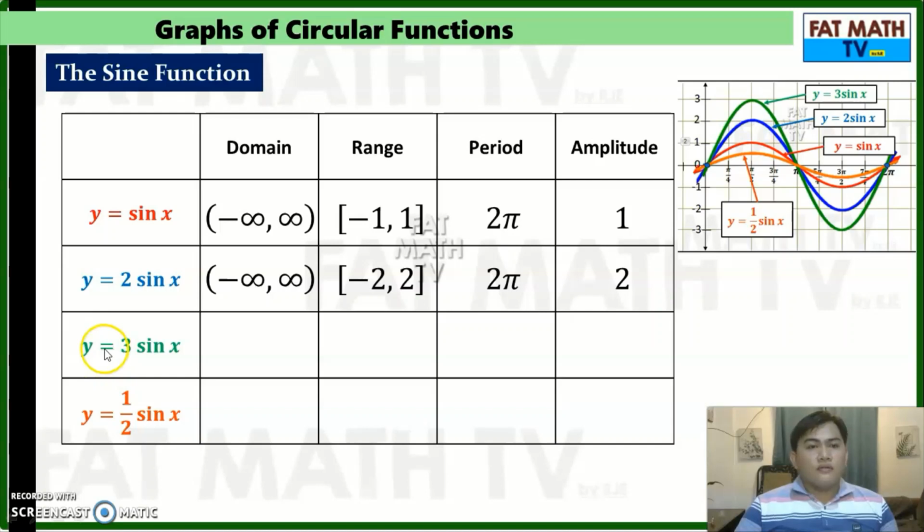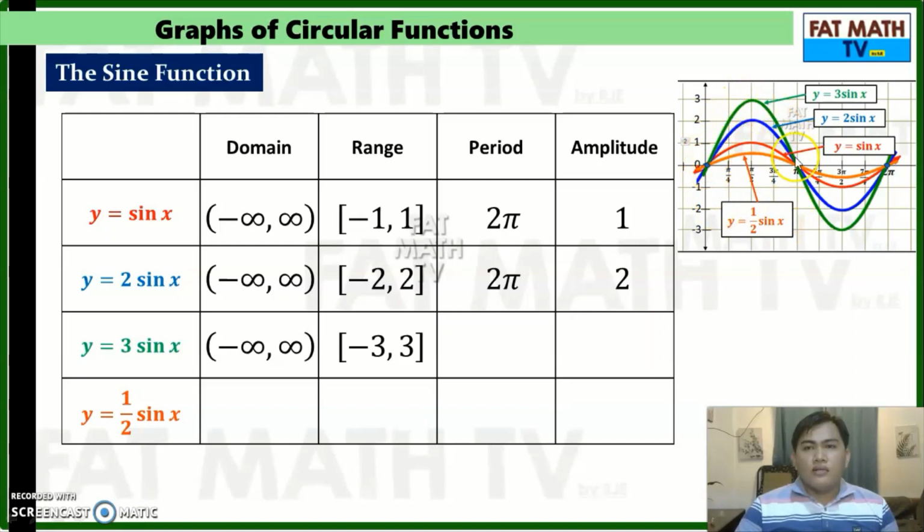Okay, for the third function, y equals 3 sine x, we still have the same domain. And then the range will now be from negative 3 to 3. That's what you can see here in the green graph. The lowest value is negative 3 going up to positive 3. So the range is from negative 3 to positive 3.